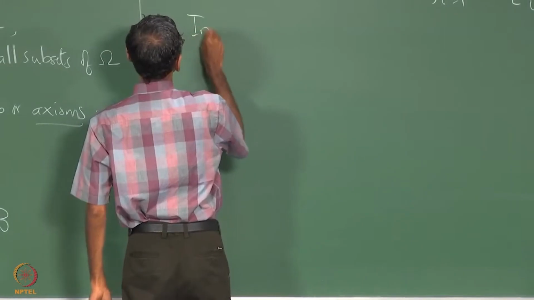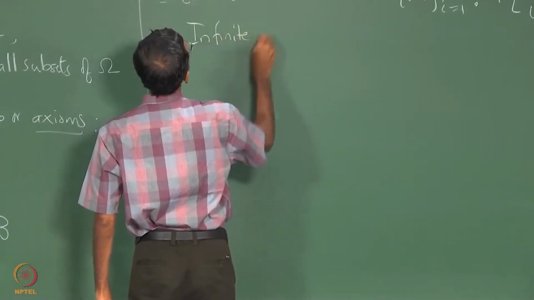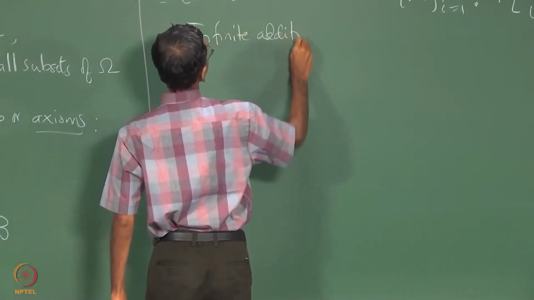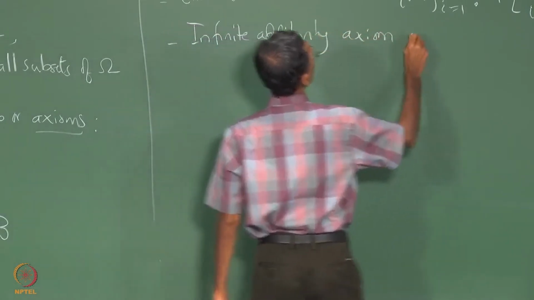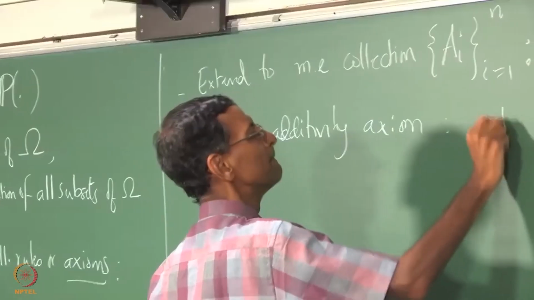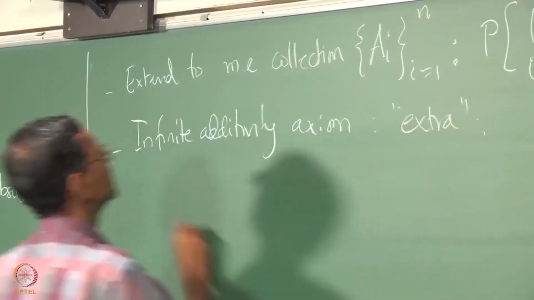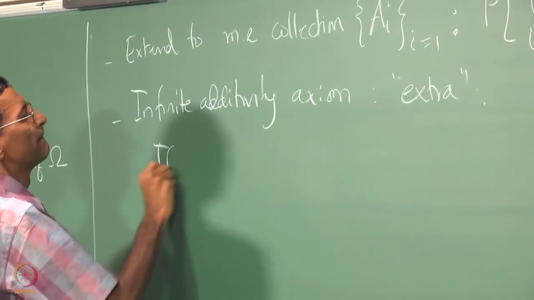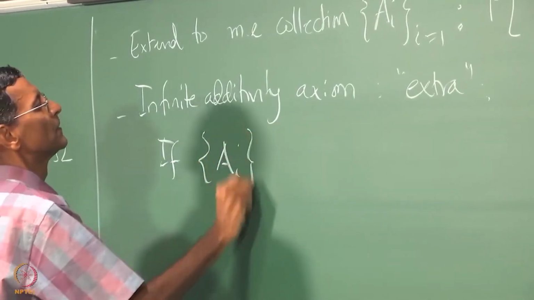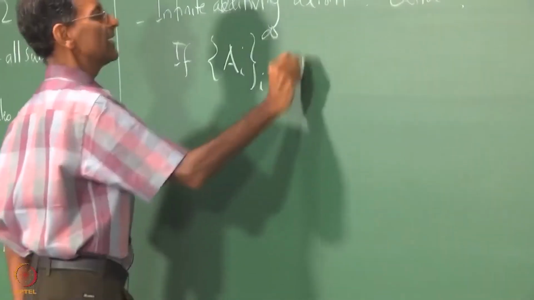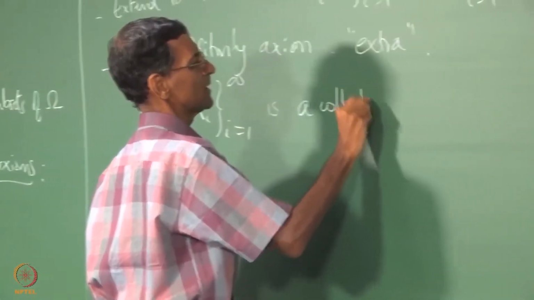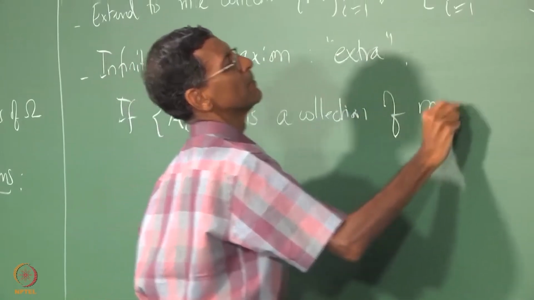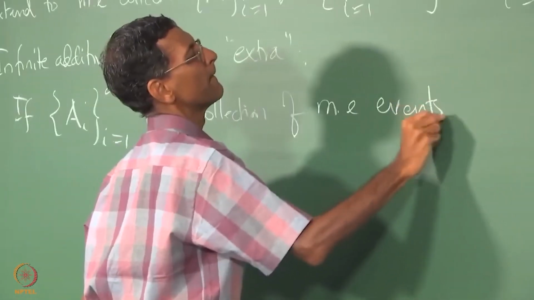Now the so called infinite additivity is an extra: if A_i, i from 1 to infinity, is a collection of mutually exclusive events, then the probability of the union is the sum of the probabilities.